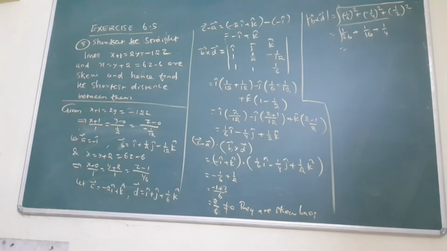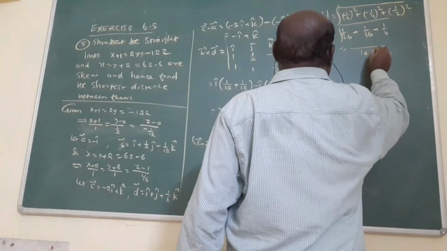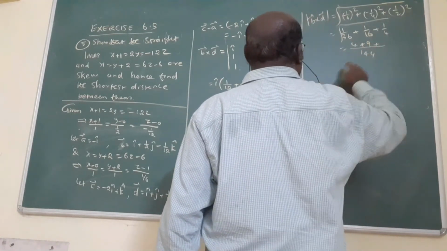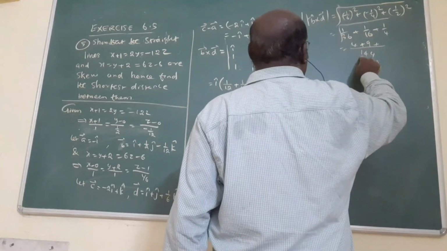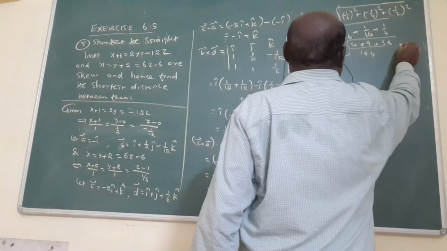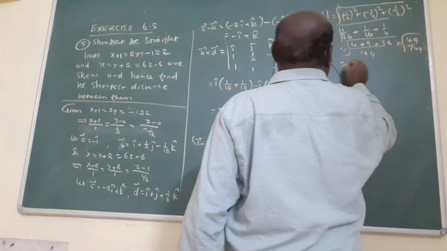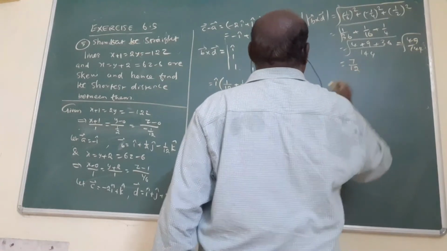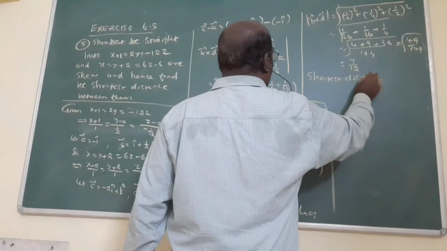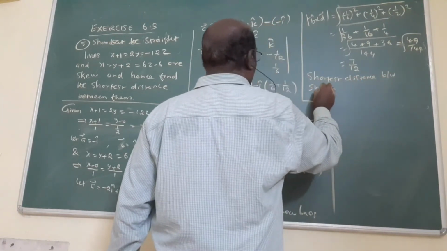What is the LCM actually? 144 is the LCM. Here 4 times, here how many times? 9 times. Here how many times? 36 times. Adding, 49 over 144, that is 7 by 12. Therefore, the shortest distance between the two lines.